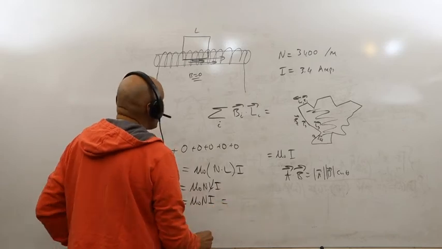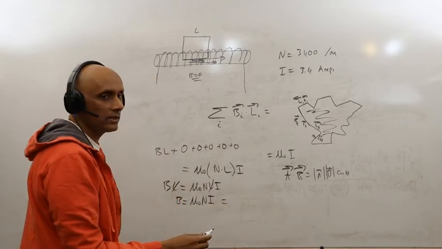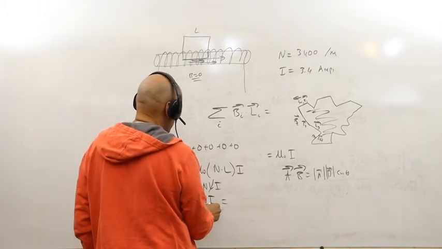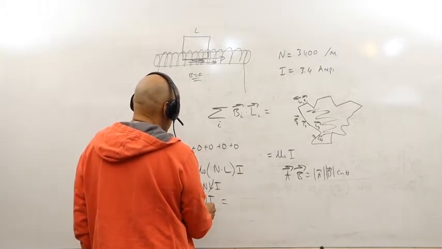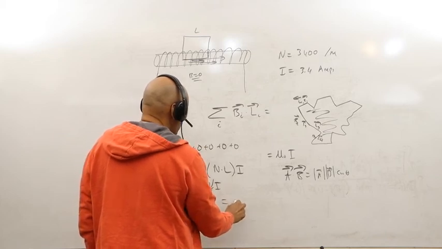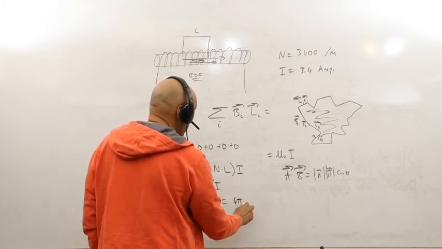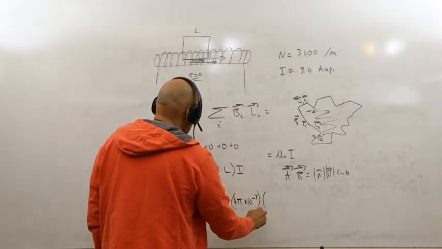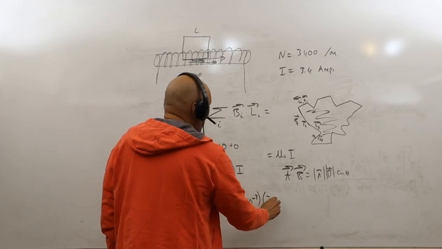And so the magnetic field inside a linear solenoid is given by mu O times the number of windings per meter times the current I. In this case, mu O is easy. It's 4 pi times 10 to the minus 7. Number of windings happen to be 3,400.